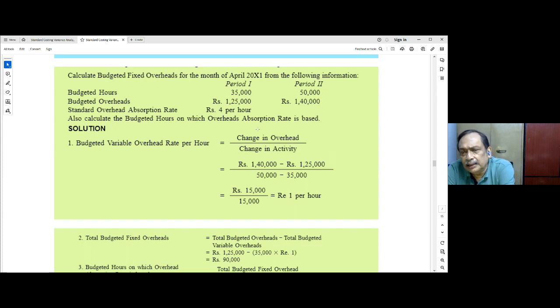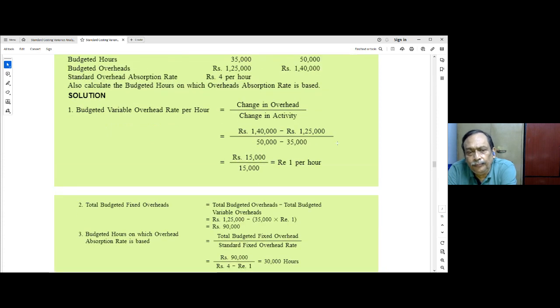So it is 50,000 minus 35,000. So budgeted variable overhead rate per hour, that is constant, and we have got rupee 1 per hour.